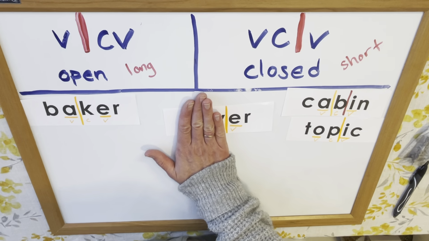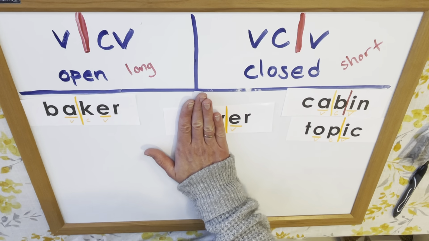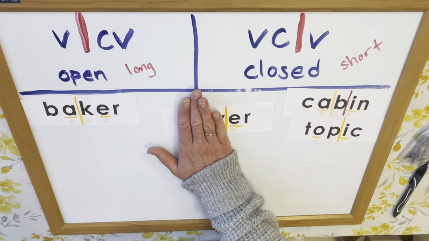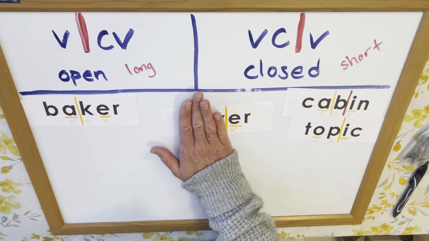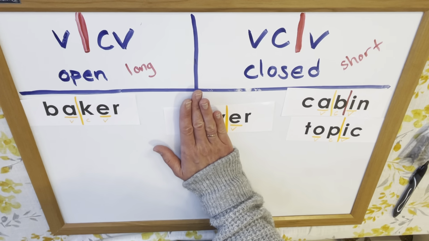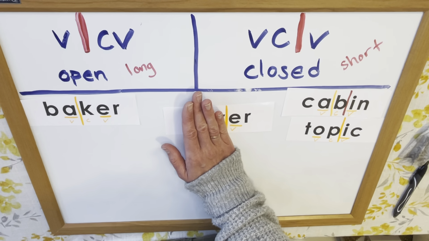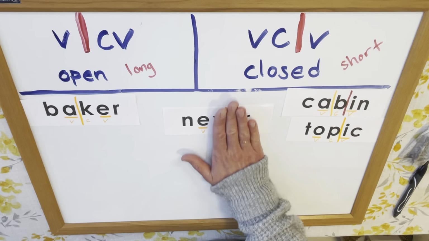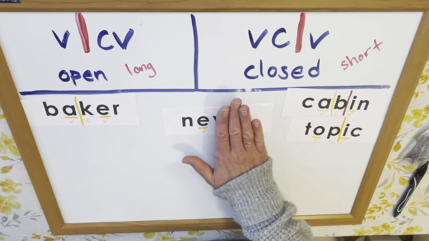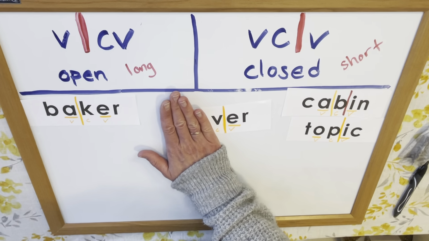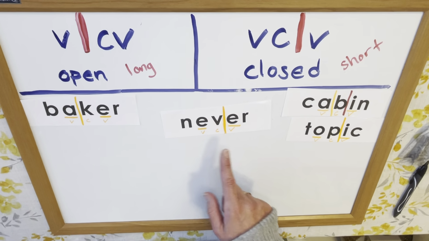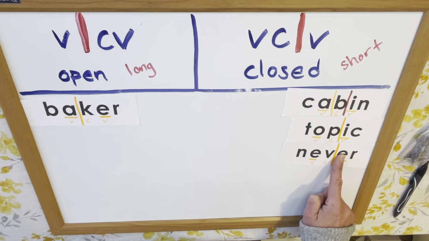ER, we know, makes the er sound because we learned about the bossy R, right? Nev-er, never. If we broke it up this way, and maybe we would have tried that first, it would have said nee-ver. And we know nee-ver is not a word. We never say nee-ver. Okay, that's going to go right here.